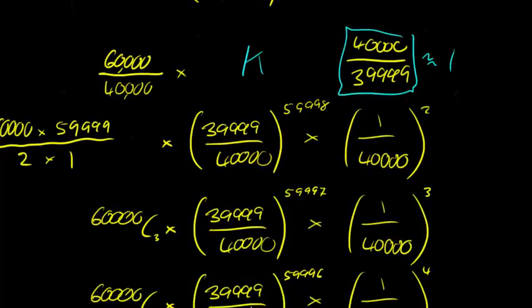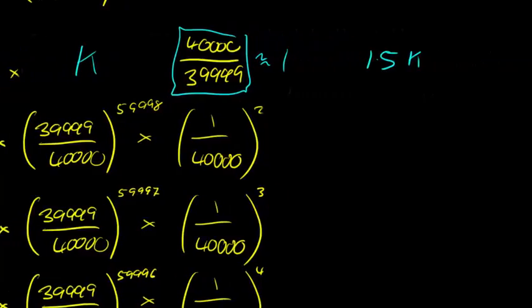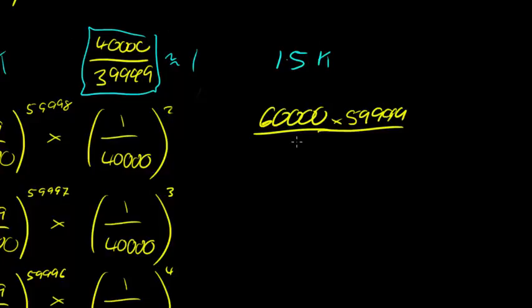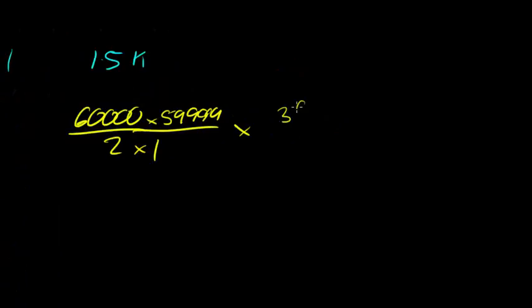So, just as a little bit of a side, that is 60,000 times 59,999 over 2 times 1 multiplied by 39,999 over 40,000. Now remember, each of these are going to be to the 60,000s, which is why it's all in the brackets.